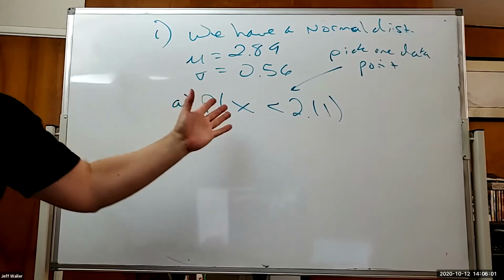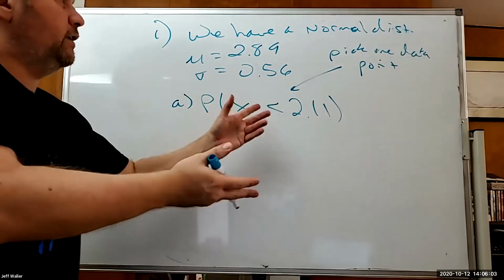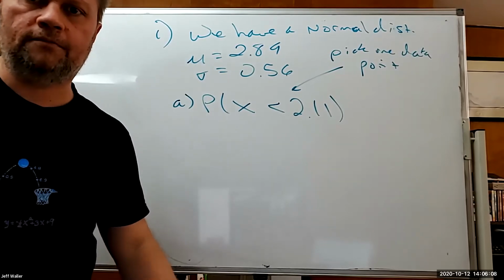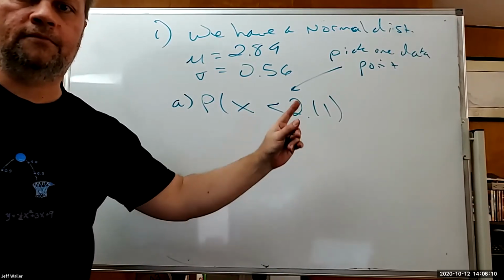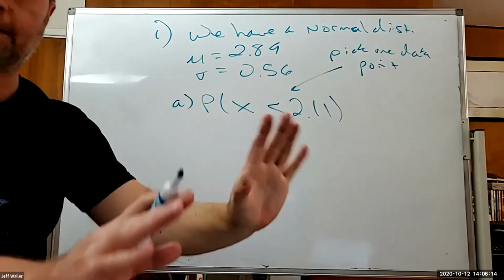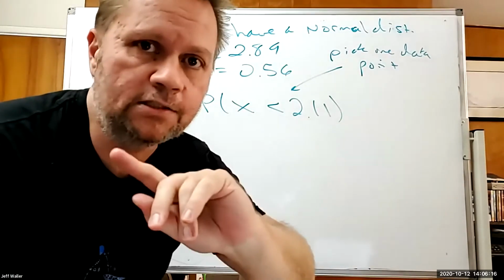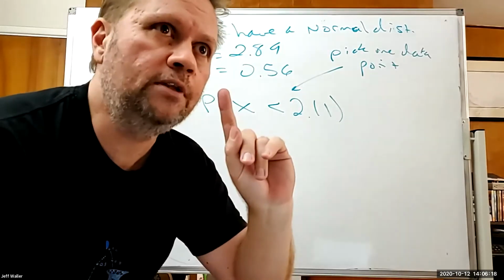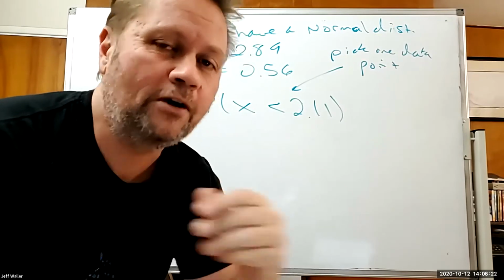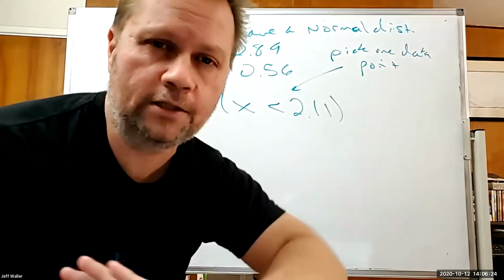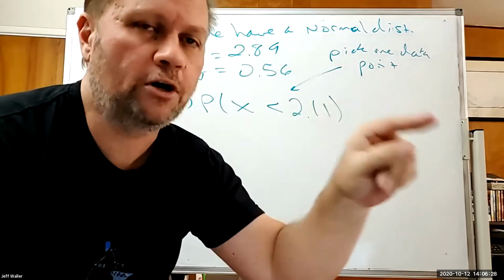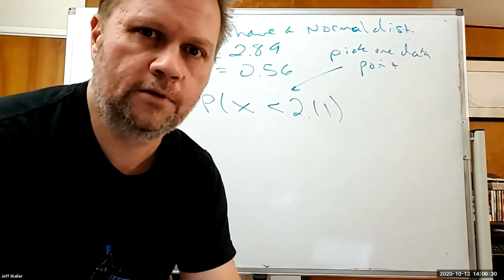We've done this problem before. Why do I not need a sample size greater than 30? It already says it's normal. If it says it's normal to start with, I don't need a sample size to save me. In the problem we just did, I didn't say anything about the shape. It could have looked like anything, so I needed greater than 30 to make sure I could actually do the problem.